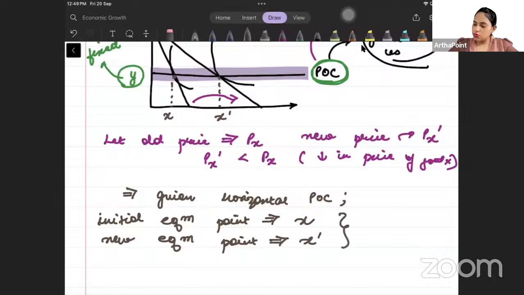Of course, we know X dash is greater than X. Demand of good X has increased.